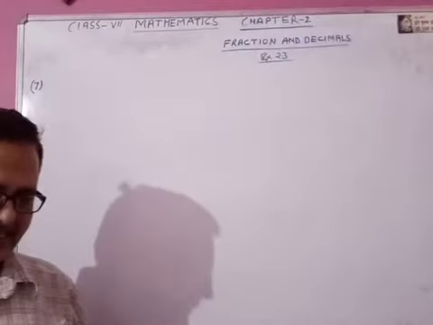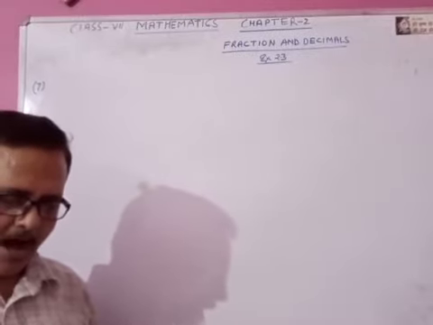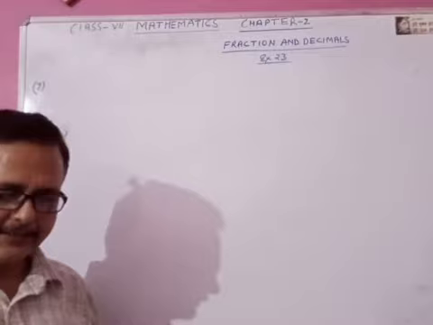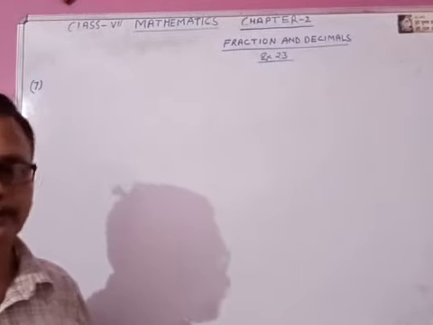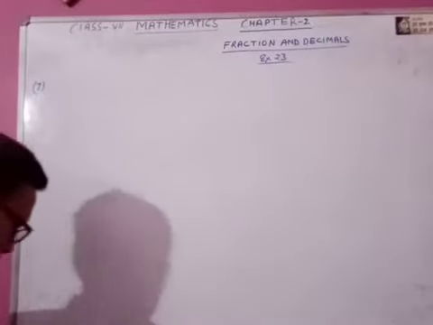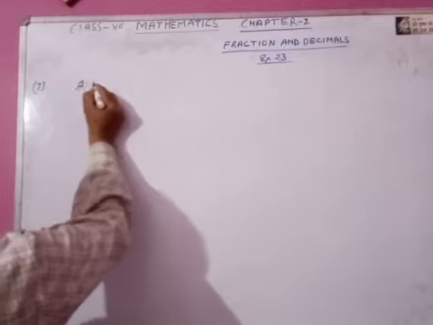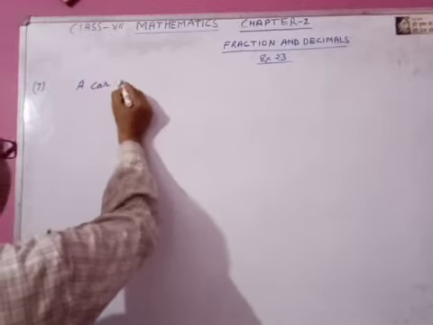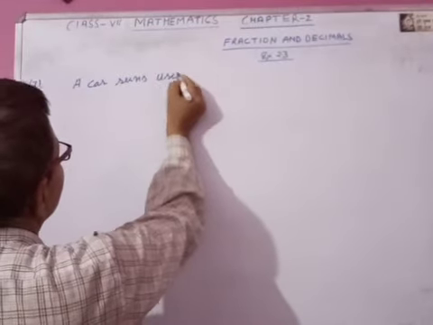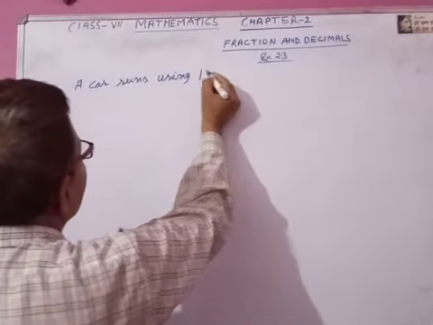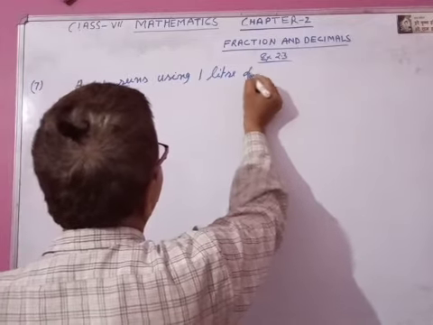Now question number 7. See question number 7. A car runs 16 km using 1 liter of petrol. How much distance will it cover using 2 whole 3 upon 4 liters of petrol?